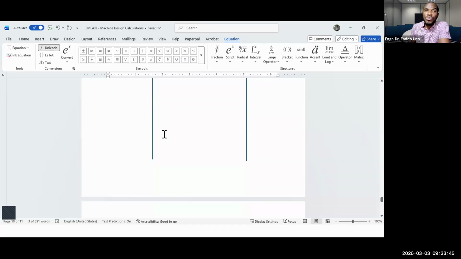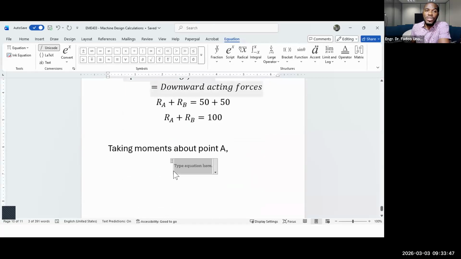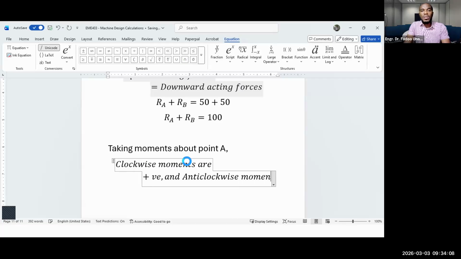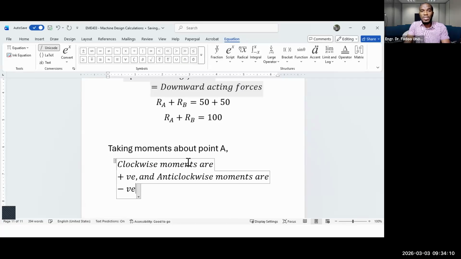So we must also now note our notation, and we can say clockwise moments are positive, okay, and anti-clockwise moments are negative.